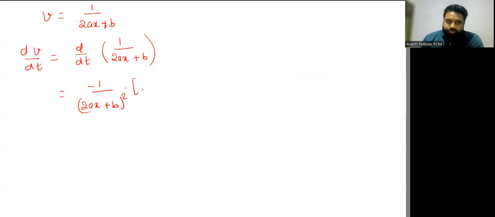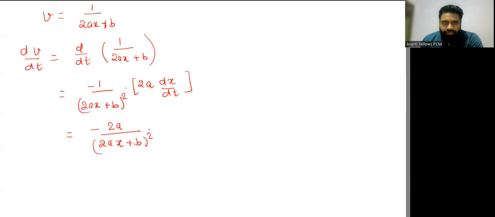The differentiation of 2ax is 2a and differentiation of b is 0. So you can say that it is minus 2a divided by 2ax plus b whole square, and for the differentiation of x you have to write dx by dt, because it is happening with respect to time. And dx by dt is nothing but v.